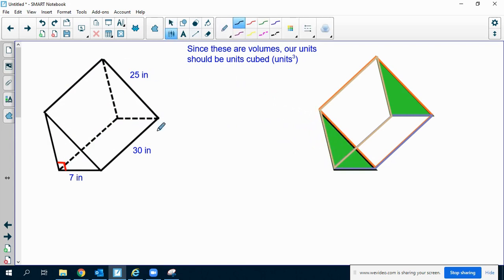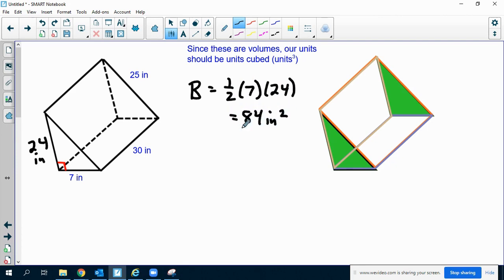So what I'm going to do here is I need to find the area of the base, which, if we remember from the previous video, I can do the Pythagorean theorem and get this side to be 24 inches. So that's 1/2 times the base of the triangle times the height. So that ends up being 84 inches squared. The height of this figure is 30 inches because if I stuck the triangle on the ground, the 30 would be going up in the air.